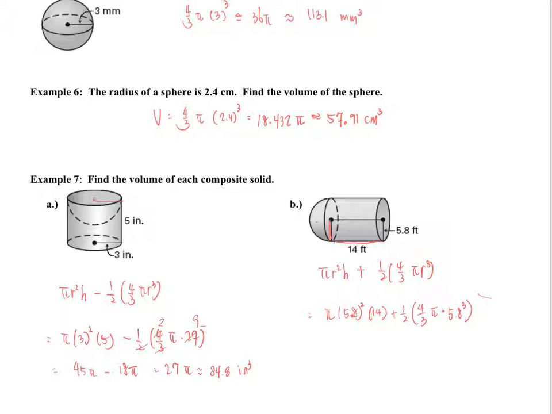So after we simplify this, we should get 470.96 pi plus 130.07 pi, which gives you 601.03 pi, and that is about 1888.2121 cubic feet.